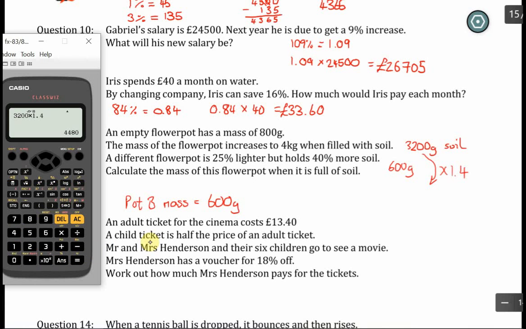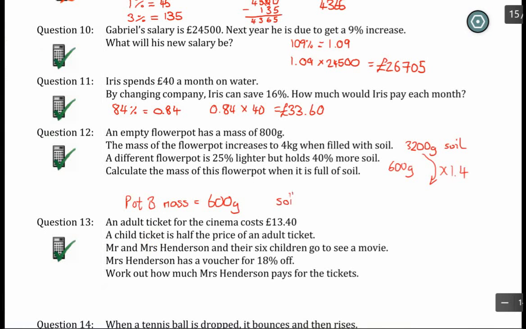And 4,480. So altogether, this one will weigh 5,080 grams when full.